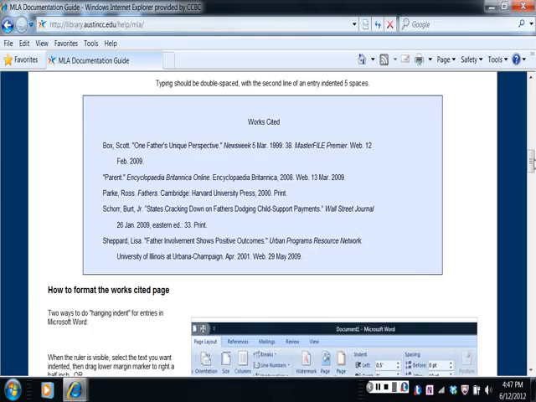The titles of poems go in quotation marks. The titles of chapters go in quotation marks. But the titles of magazines, newspapers, books, plays, they all get underlined or italicized. The names of books, whenever you mention them, they always have to be underlined or italicized.